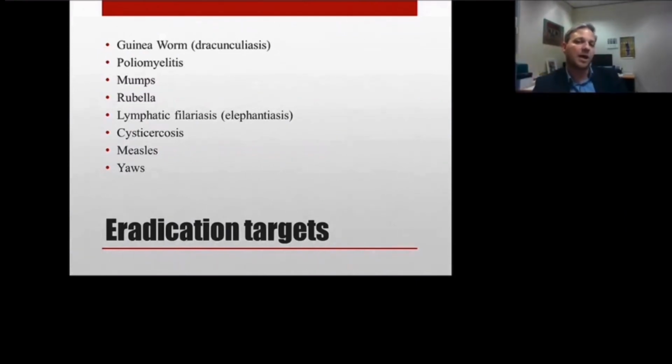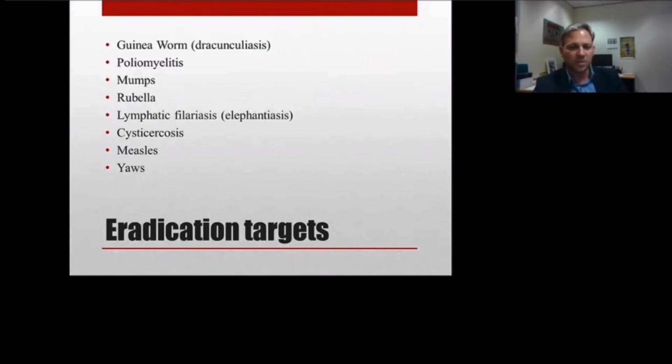Cysticercosis, or pork tapeworm, is another one that probably looks better on paper than in the real world, but it should be feasible to eradicate, basically through the separation of human faeces from pigs and vice versa, for that matter, because it's in humans and pigs as hosts, and if you can stop the cycle of ingestion between pigs and humans, then you can basically stop it.